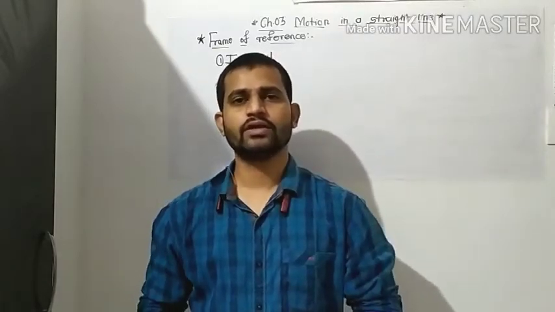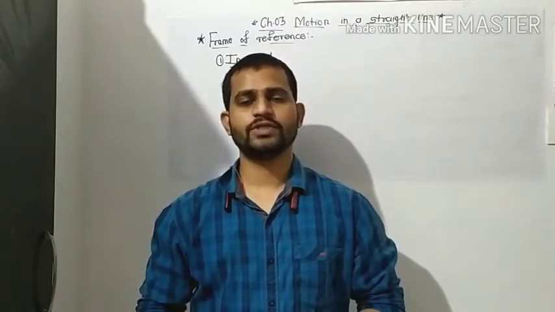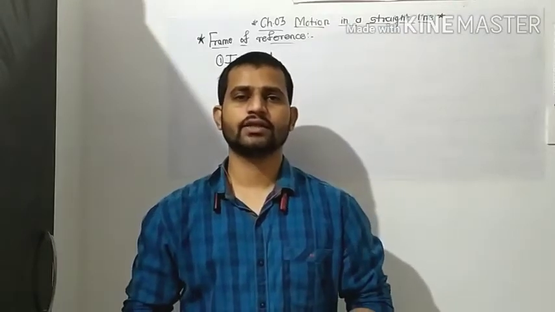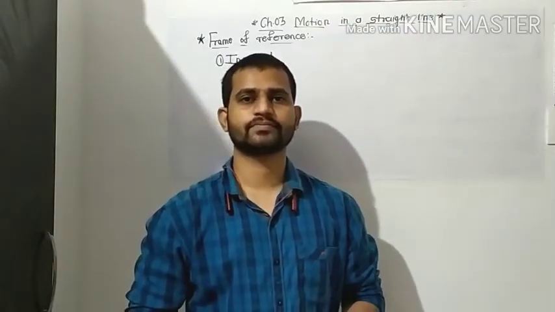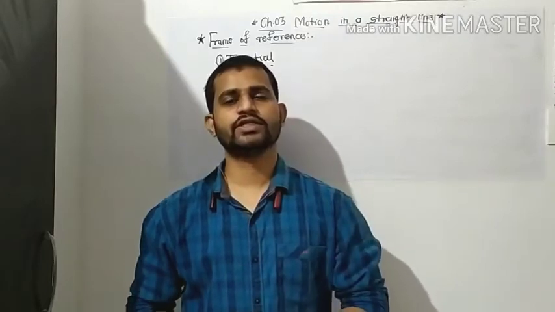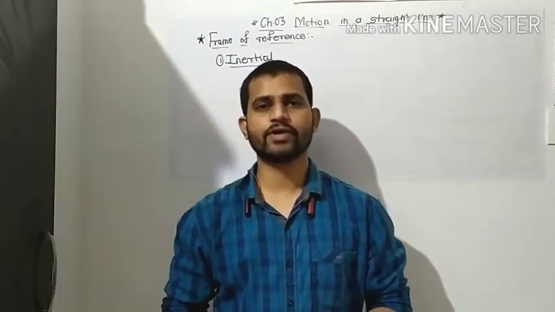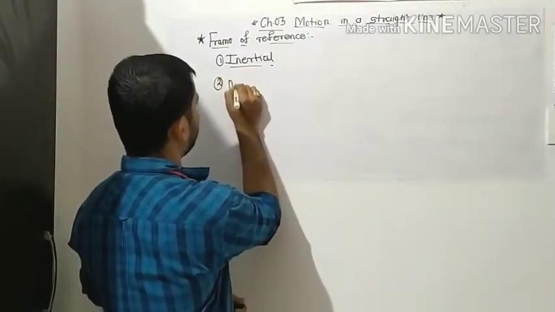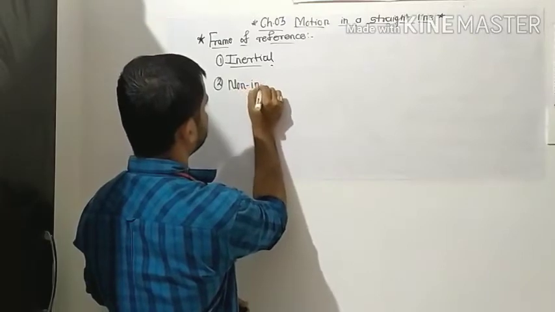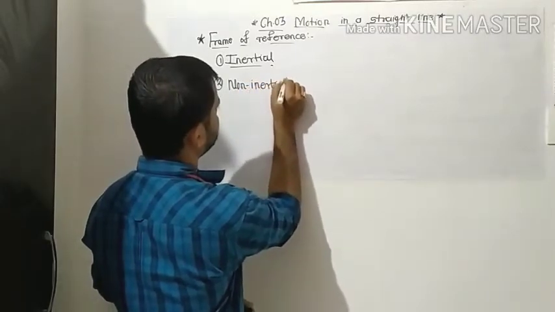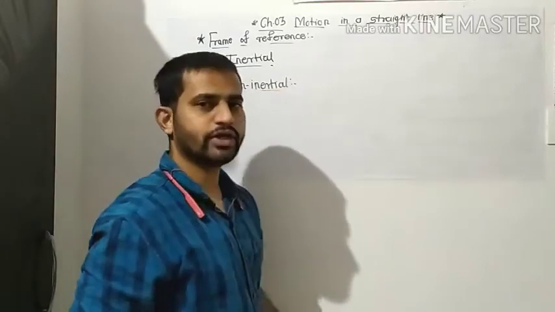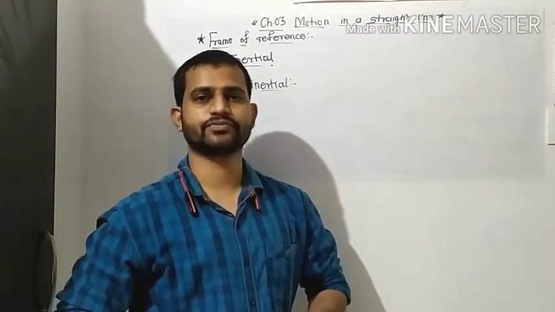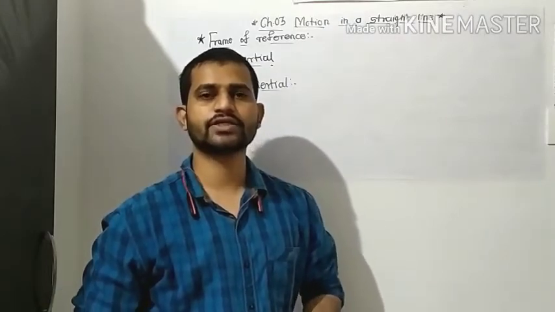So when the object is in motion with a uniform speed, with a uniform velocity, then that motion comes under the inertial frame of reference. Then the second type of frame of reference is the non-inertial frame of reference. In a non-inertial frame of reference, there is the consideration of acceleration.